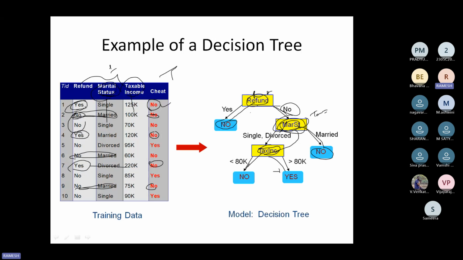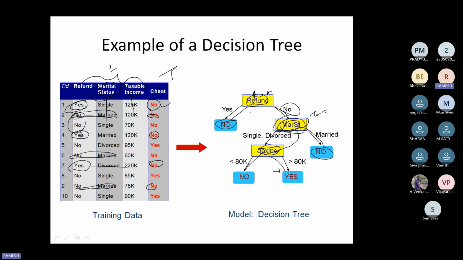How refund is influencing cheat, how taxable income is influencing cheat, how marital status is influencing it. What is the relationship between features and target? That relationship we are finding.